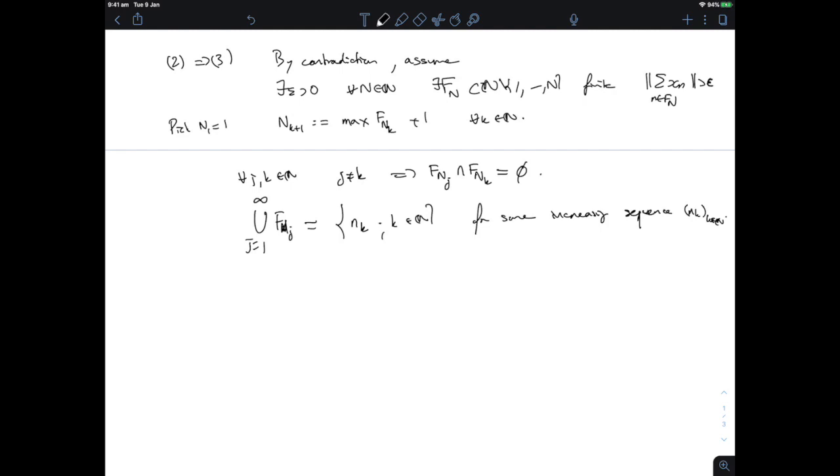Now, what we get then for that subsequence is that you can go as far as you want, and you will always be able to find two numbers, let's call them k_1 and k_2, above that m, such that the sum of x_{n_k} between k_1 and k_2 is exactly the sum of the x_n in some set F_{N_j}, for some j large enough.